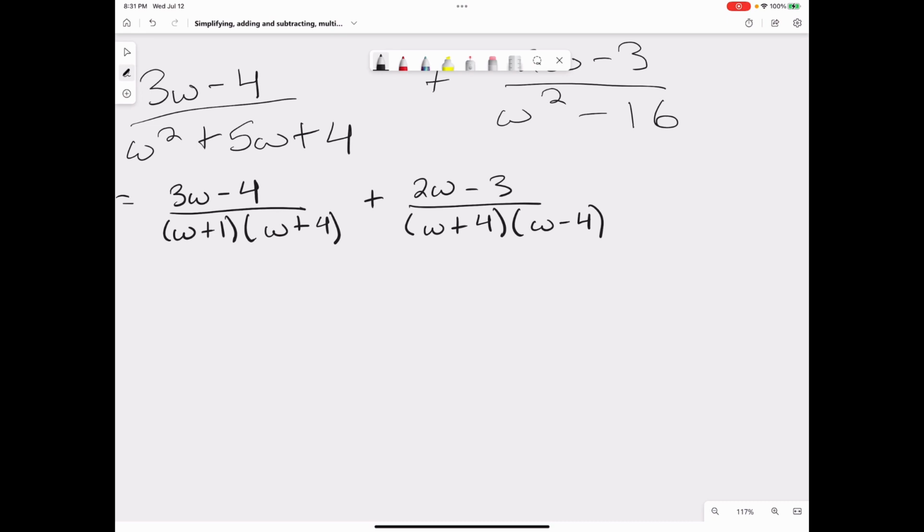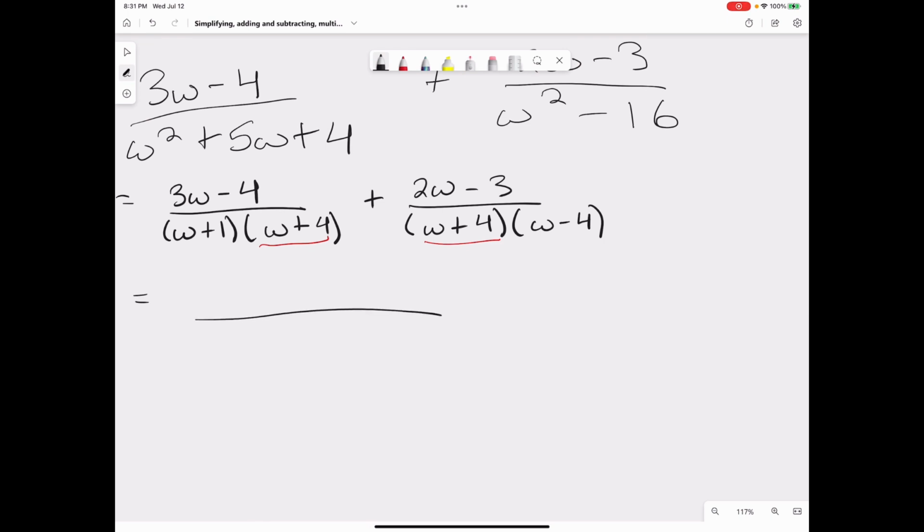In the exam, again, we look at which fraction has which terms. So this fraction has w plus 4, this fraction has w plus 4, great. But this fraction does not have w minus 4, and this fraction does not have w plus 1. So we have to fix that now.